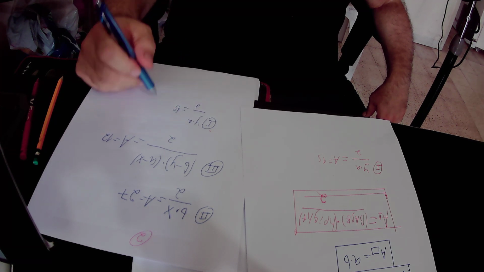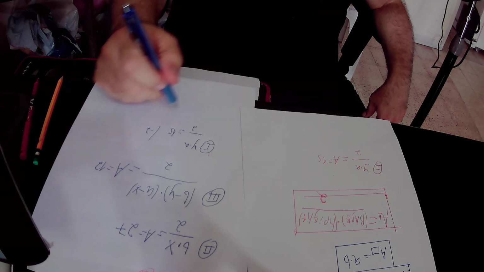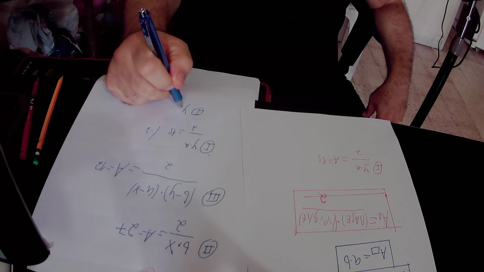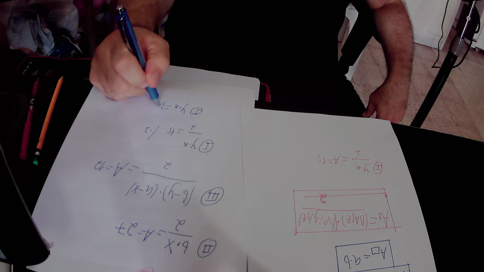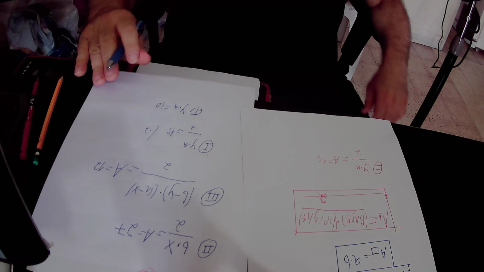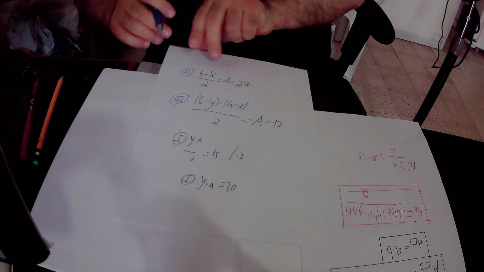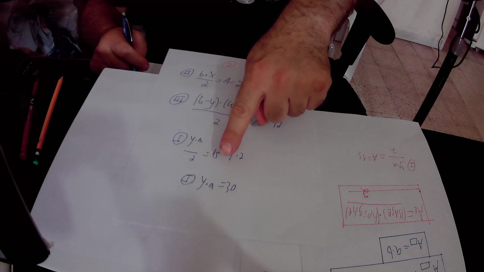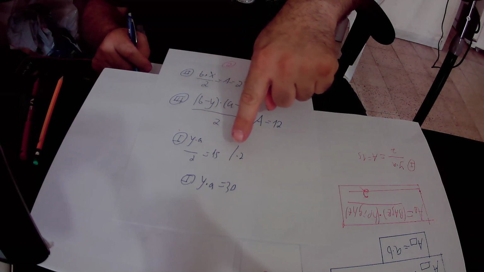We can multiply both sides of the equation by 2, and we will get that y times A equals 30. We multiplied both sides by 2, so y times A equals 30, since 2 times 15 is 30.